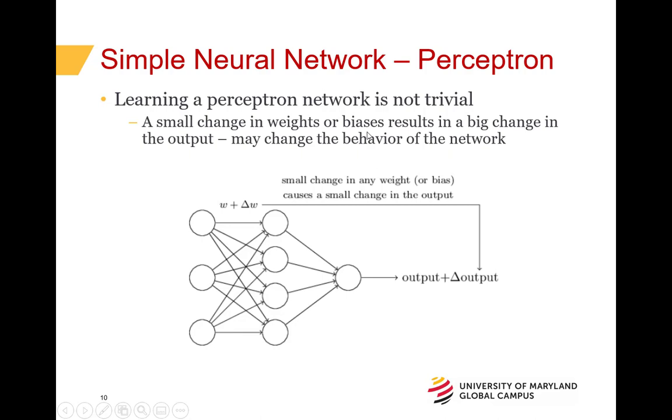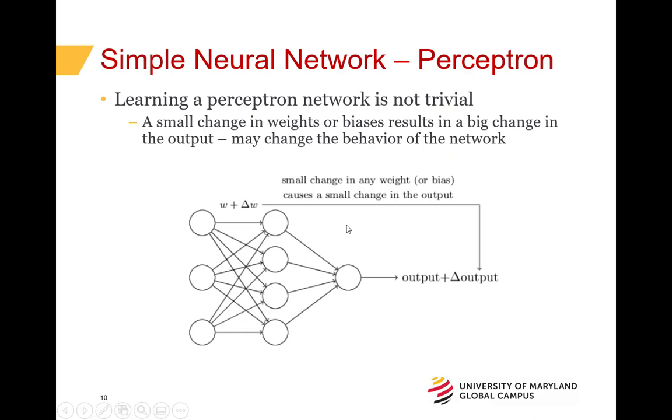However, in the case of the perceptron, a small change in the weights and the biases gives rise to a big change in the output, which is exactly what we don't want, right? You might miss the global optimum if you jump. And this becomes a bit clearer when we go through examples on gradient descent, okay?